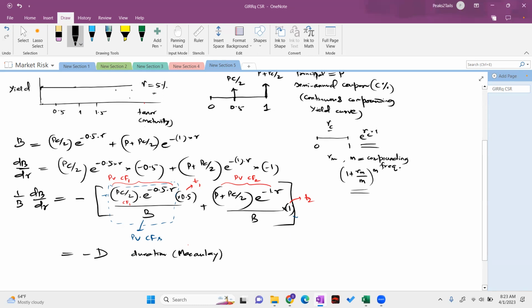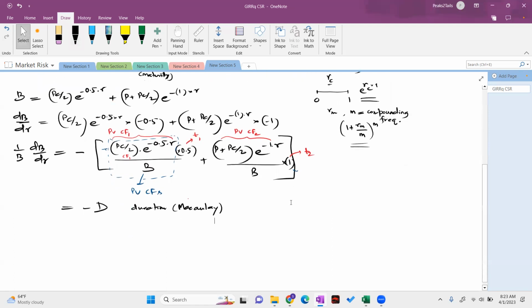All right. And that's it. So the whole expression is reduced to a single number, D. That's good. So we have dB by dr equal to minus B times D. D is just a number.